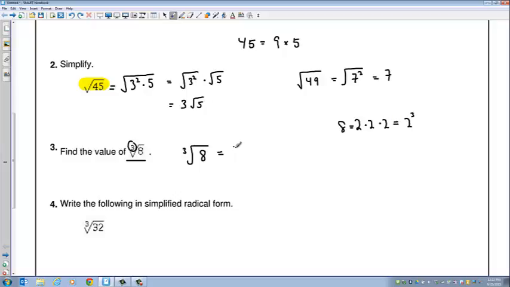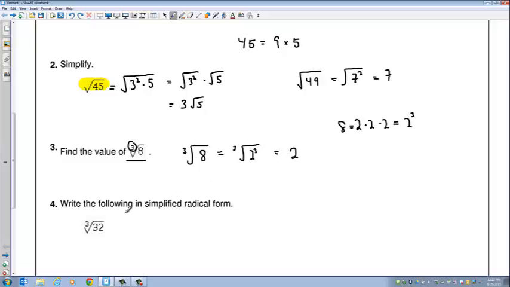And so I can rewrite this as the cube root of 2 cubed. And since you're taking the cube root of a cube, it's whatever's right inside there. So you have the number 2. So the cube root of a cube is whatever is right inside there. And so this answer is 2.